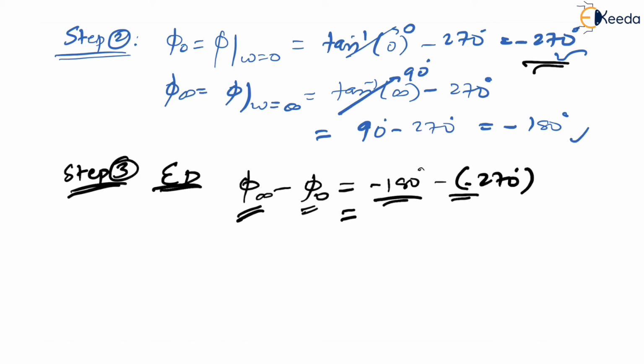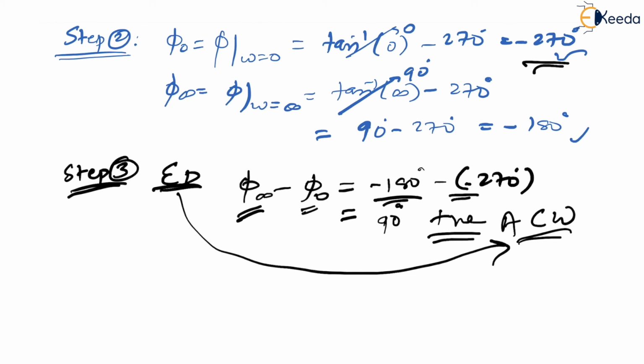So minus 180 degrees plus 270 degrees is 90 degrees, which is positive. If it is positive, then we have seen that it is anti-clockwise direction. So the ending direction is going to be anti-clockwise.